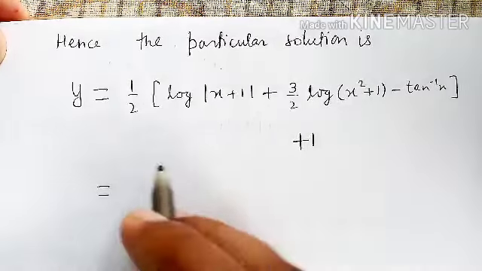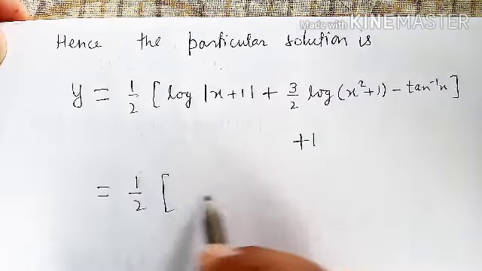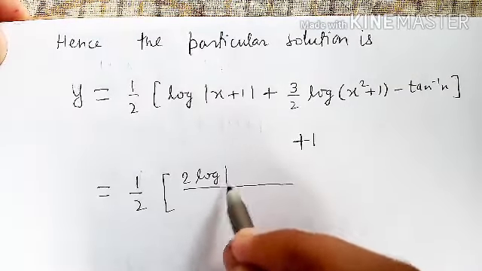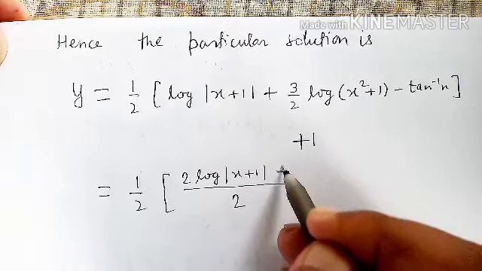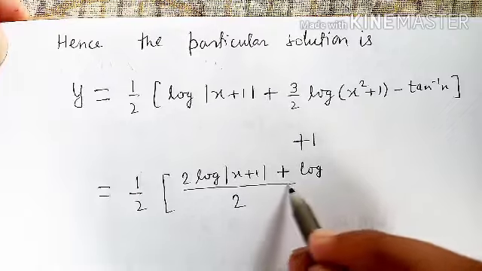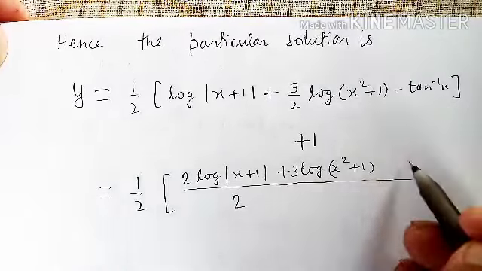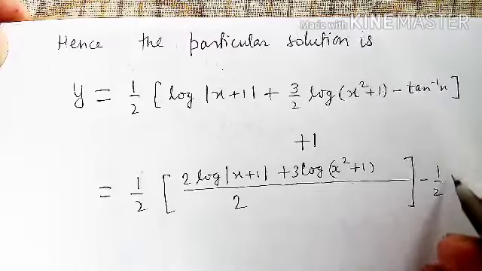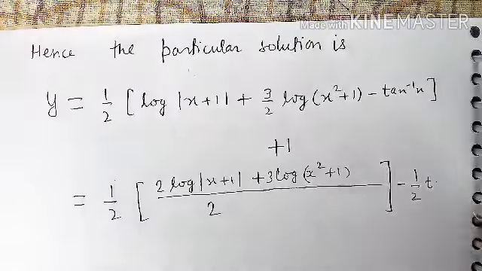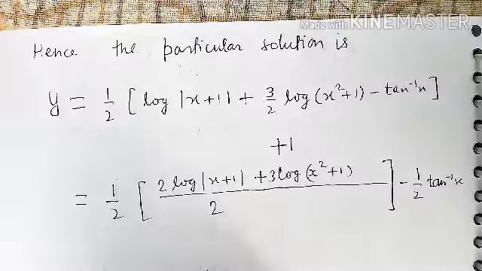This can be written as 1/2 times (2 log|x + 1| + 3 log(x² + 1)) minus tan⁻¹ x plus 1.